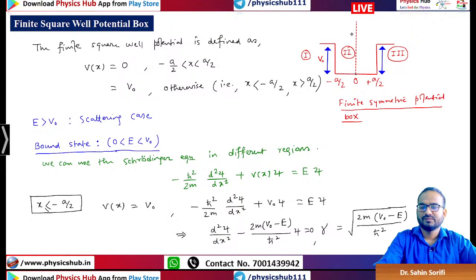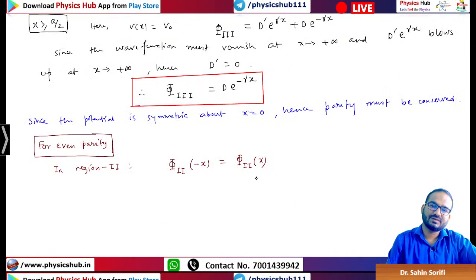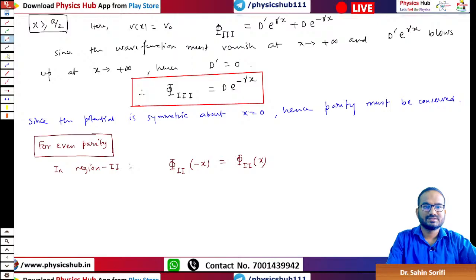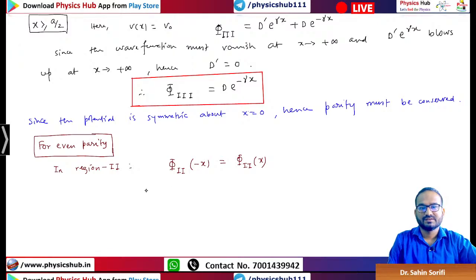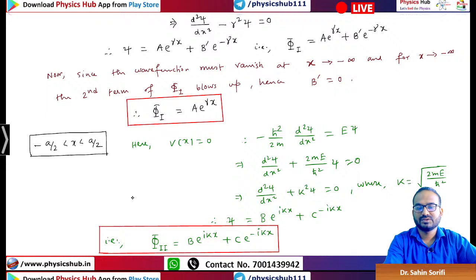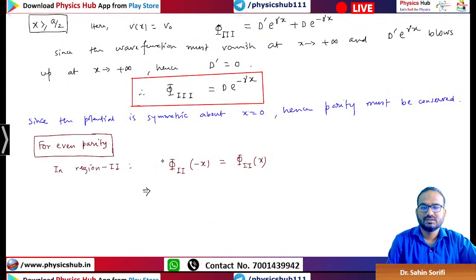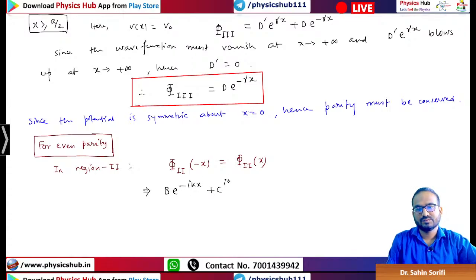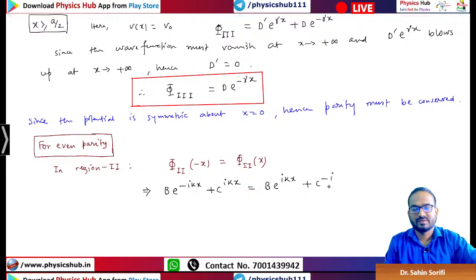So if you utilize this, phi 2 we have got B e to the power ikx plus C e to the power minus ikx. So phi 2 of minus x is B e to the power minus ikx plus C e to the power plus ikx, which equals B e to the power plus ikx plus C e to the power minus ikx.